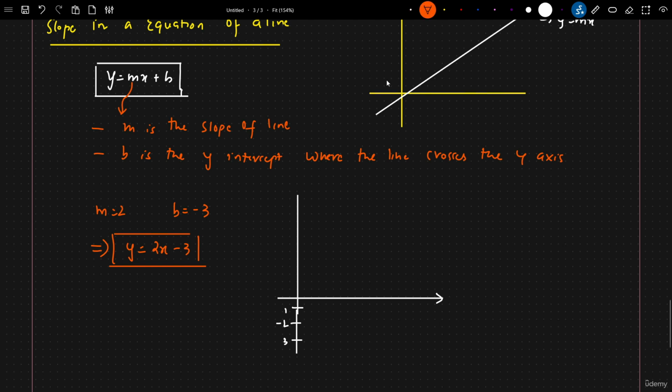So my line will probably come like this, something like this. Just for understanding I've explained, but we have already discussed this concept. With respect to different x values, we can calculate and project this entire line.